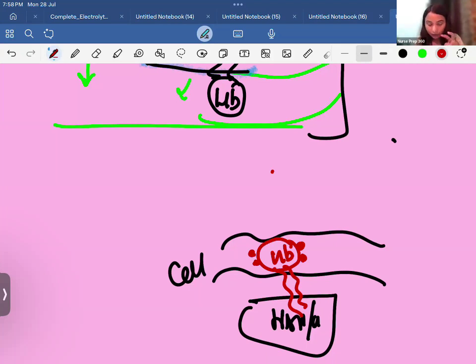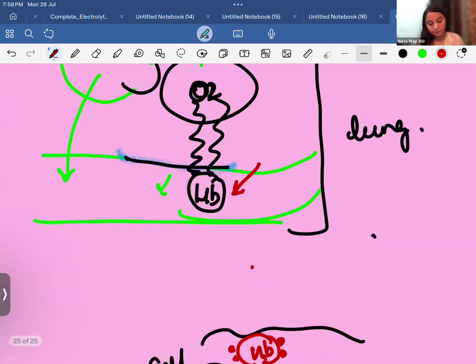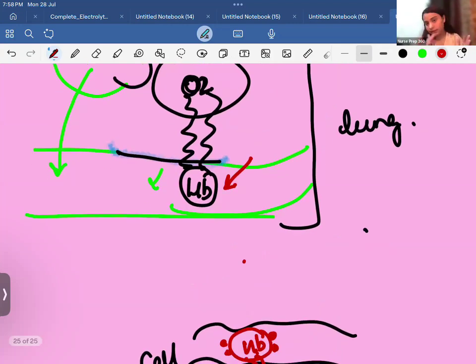Over here I want hemoglobin to associate with oxygen; over here I want it to dissociate. This is known as the hemoglobin association dissociation curve, and it depends on many things: temperature, pH, oxygen level, and more.